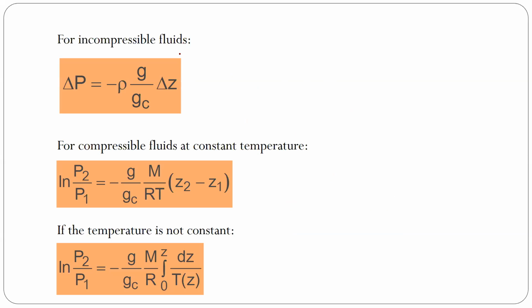So if the case is that your fluid is incompressible, again, incompressible means constant density, the equation in the previous slide will become this. So it becomes delta P equals negative rho g over gc delta z.